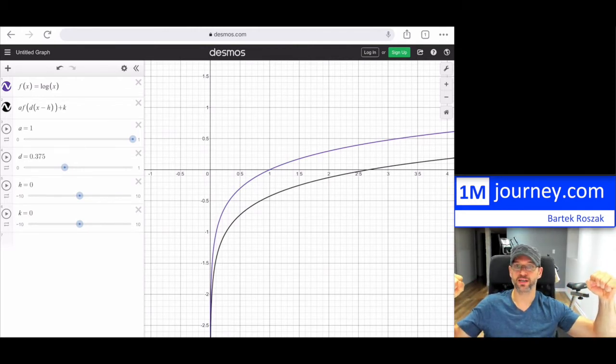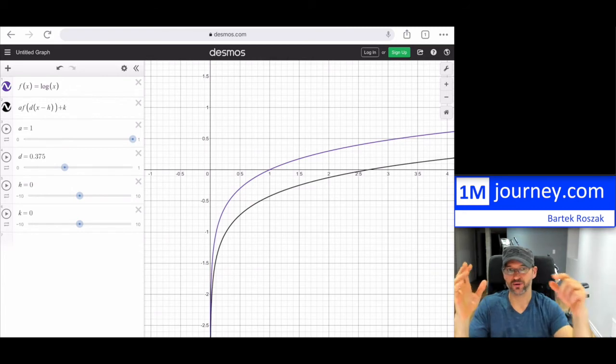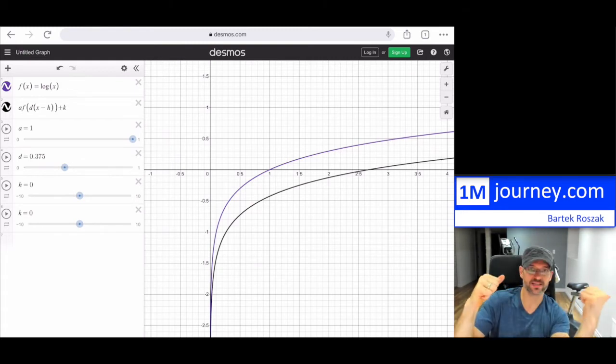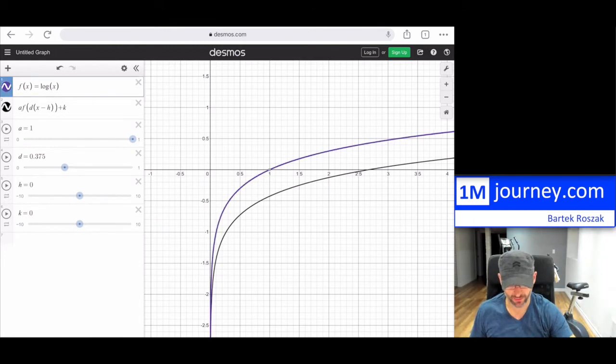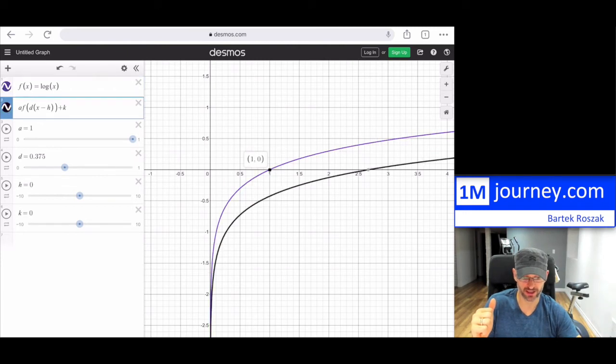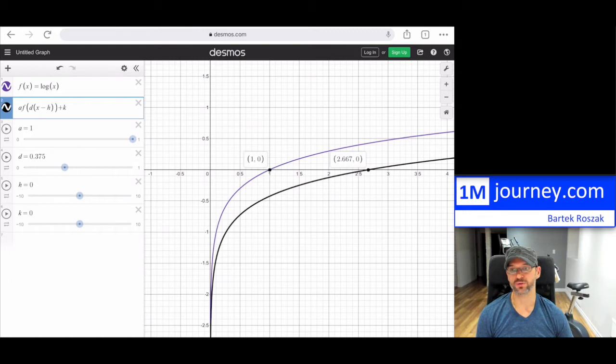When d is greater than 1, it compresses it, pushing it all back in this direction. As d is between 0 and 1, it stretches it out, pulling it out in this direction. So for example, the point 1, 0 is going to get pushed further out, stretched out all the way there, so it constantly gets pulled apart like this. So that's what your d will do.